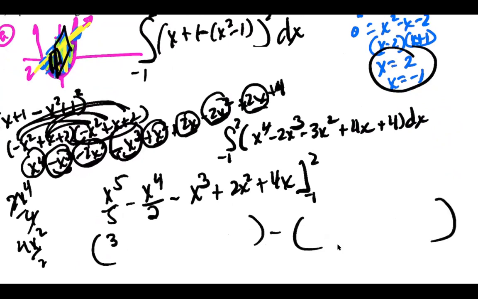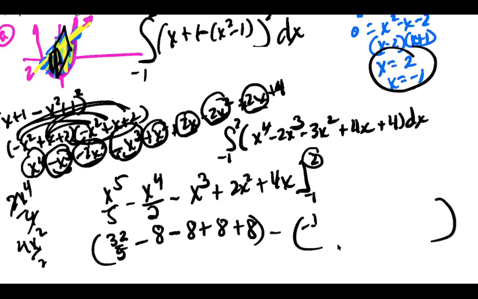All right, so this is 32/5, which, oh, I looked at my 2 as a 3, I'm sorry. This is a 2. Minus 16/2, minus 8, plus 8. Oh, this is a lot easier. Sorry, I probably turned my 2 into a 3.